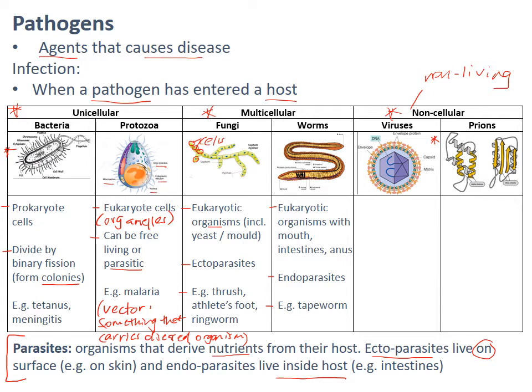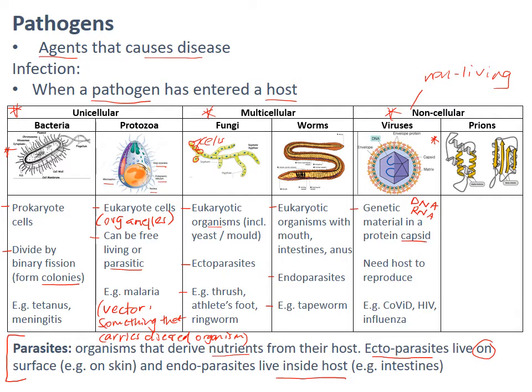Then we move on to our non-cellular pathogens. So we have viruses. Like I said, we'll look at viruses in more detail, but a virus is basically genetic material. So here we're talking about DNA or RNA in a protein capsid, which is a shell. Okay, so they're very, very simple.